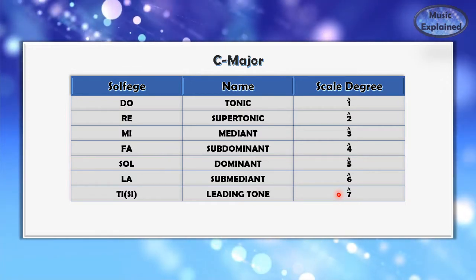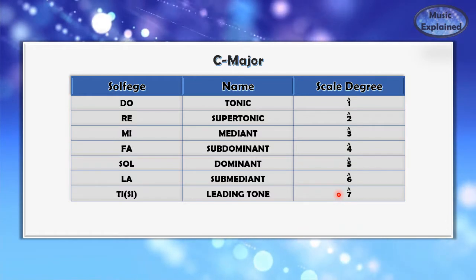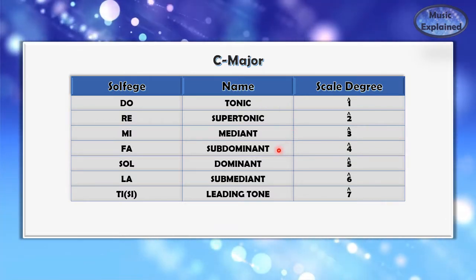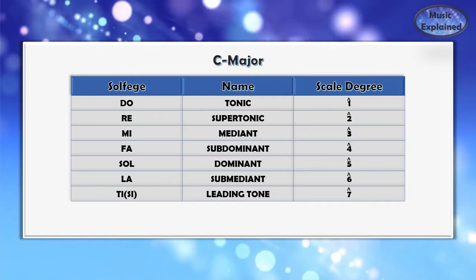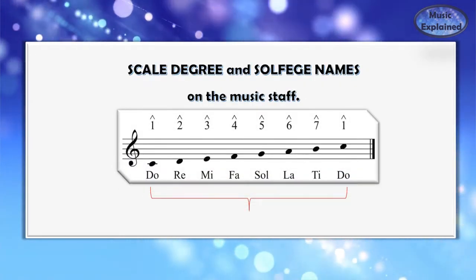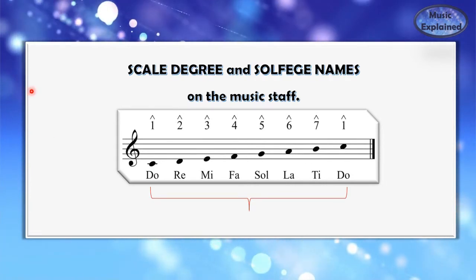There are 3 very important scale degrees in each scale. That's the tonic, the subdominant, and the dominant. Here we have the scale degree and the solfege names on the music staff.